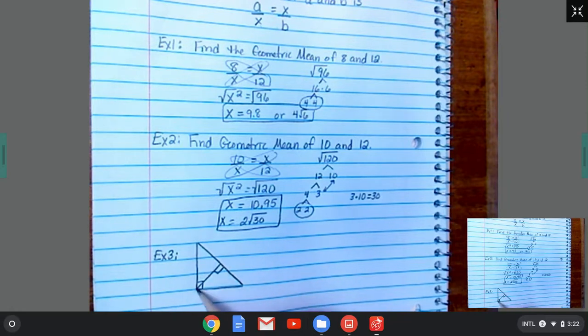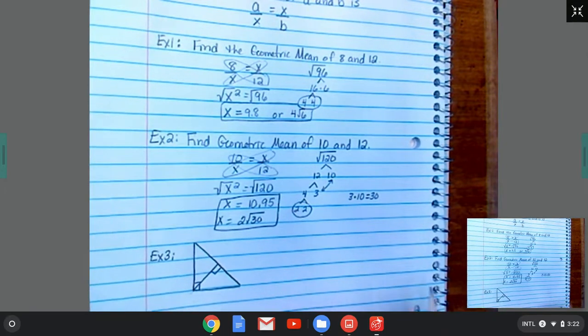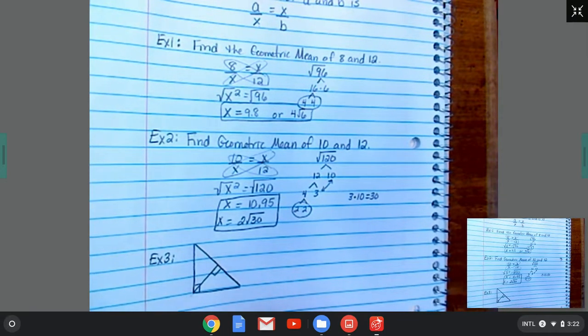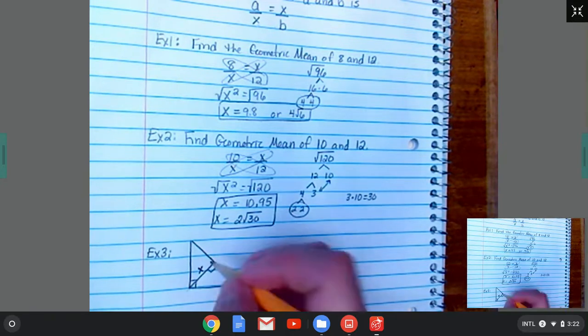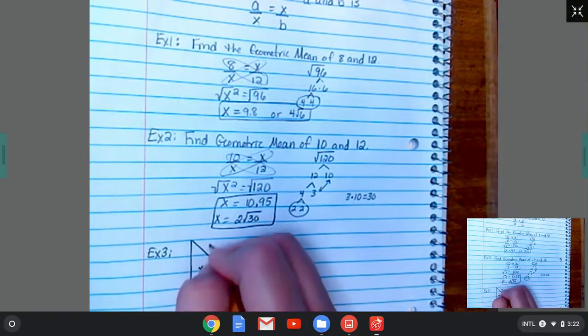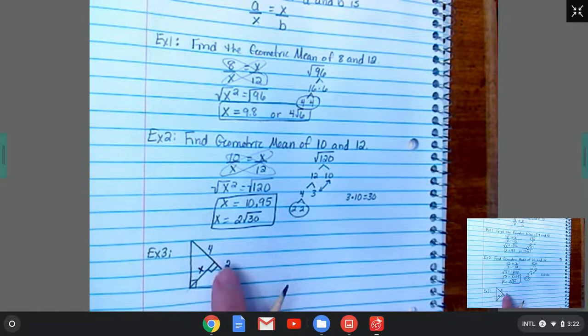This is an altitude because it comes from a vertex and it's perpendicular to the side. But that's really irrelevant to what I'm going to calculate. But that's what it is. So we're trying to find this little segment. And this segment splits the hypotenuse into two smaller segments, 4 and 2.